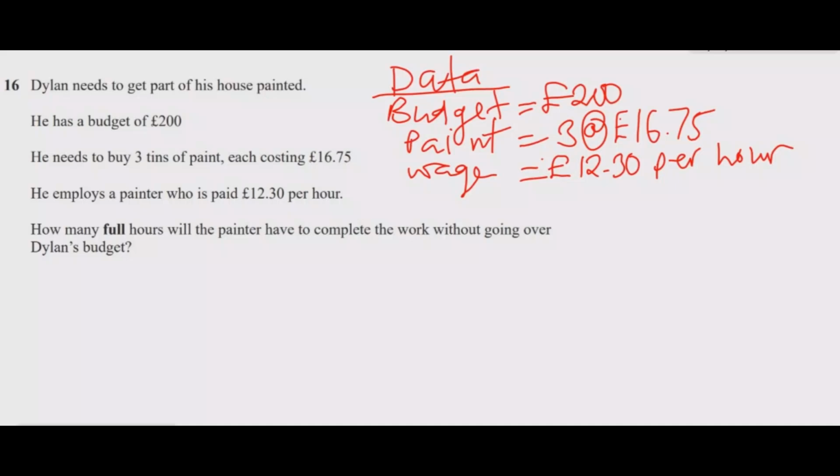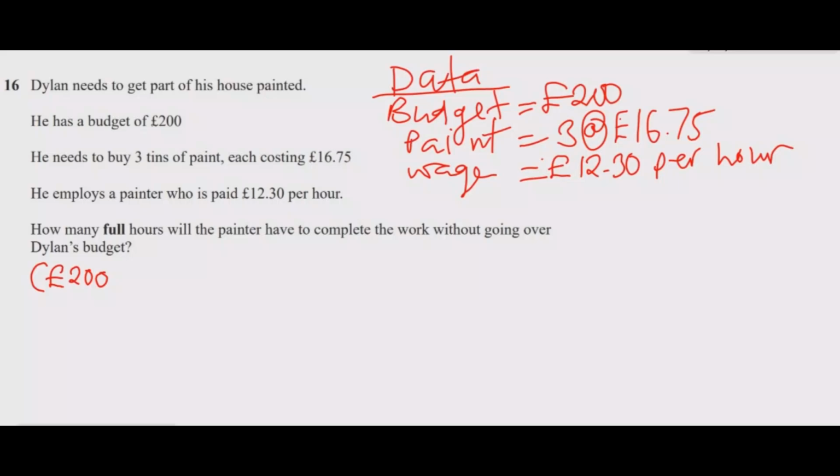Now that we have collected this data, we're going to use it to come up with an expression to find how many hours the painter is going to work. First we open a big bracket, then we write £200. That is the budget he has, the money available for doing all the work.